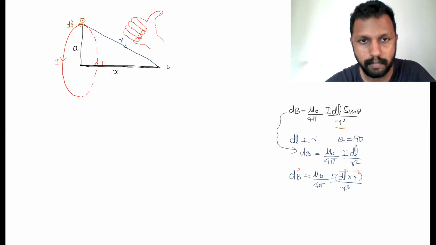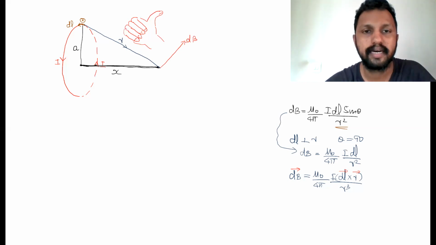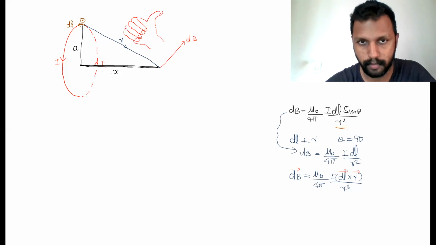It is perpendicular to r and dl. Therefore, this is the direction of db at this particular point. It's very important. You have to understand this.